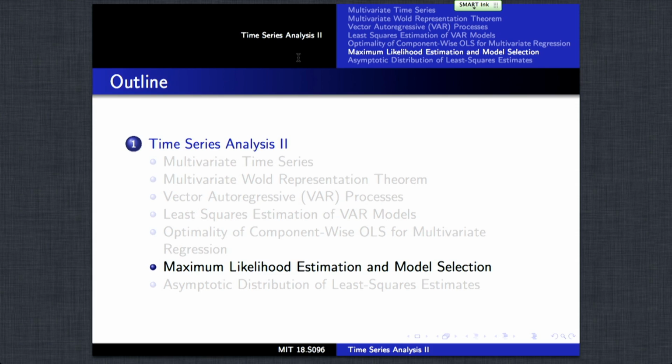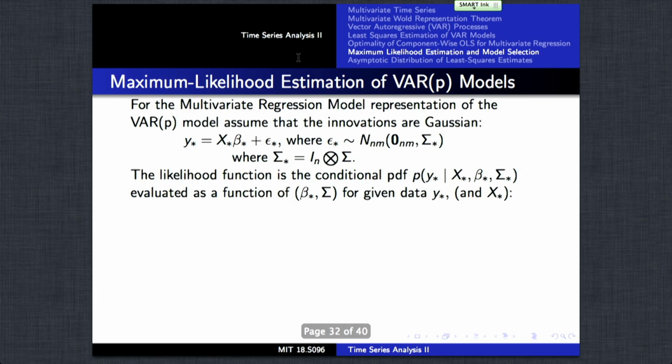All right, maximum likelihood estimation with these models. Well, we actually use this vectorized notation to define the likelihood function. And if these assumptions are made about the linear regression model, we basically have an n times m vector of dependent variable values, which are multivariate normal with mean given by x star beta star, and then a covariance matrix.